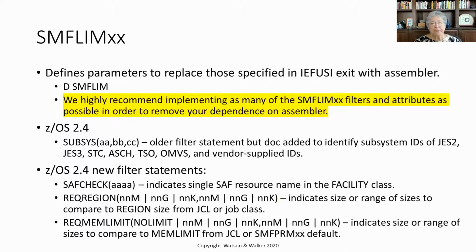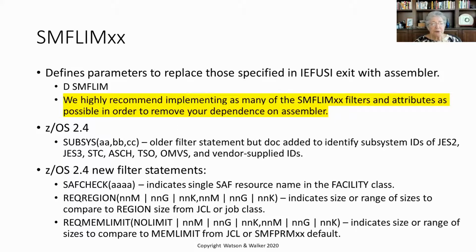SMFLIM. This is a good parameter to start using. It's been around a while. It lets you define parameters that would normally go in the IEFUSI exit with assembler. And what they do every release is add more and more filters and parameters that you can specify.